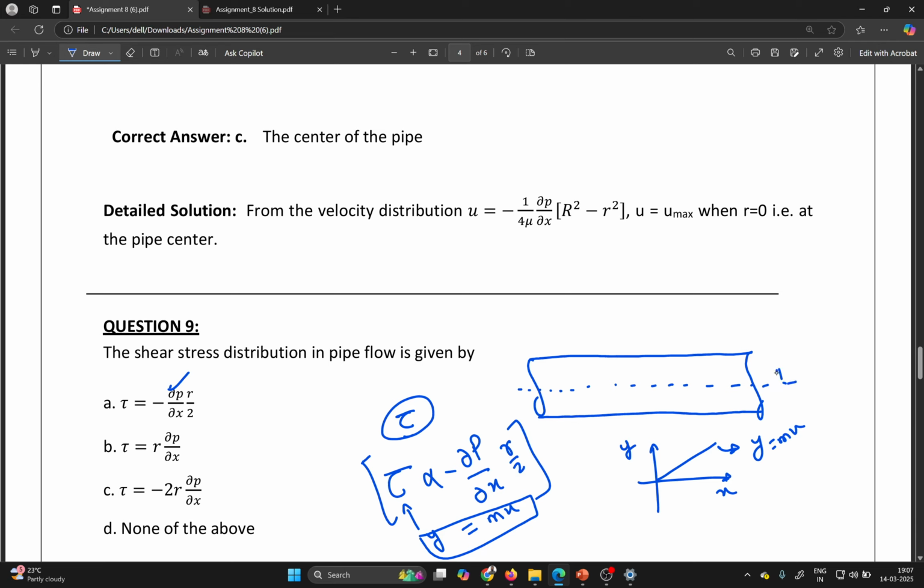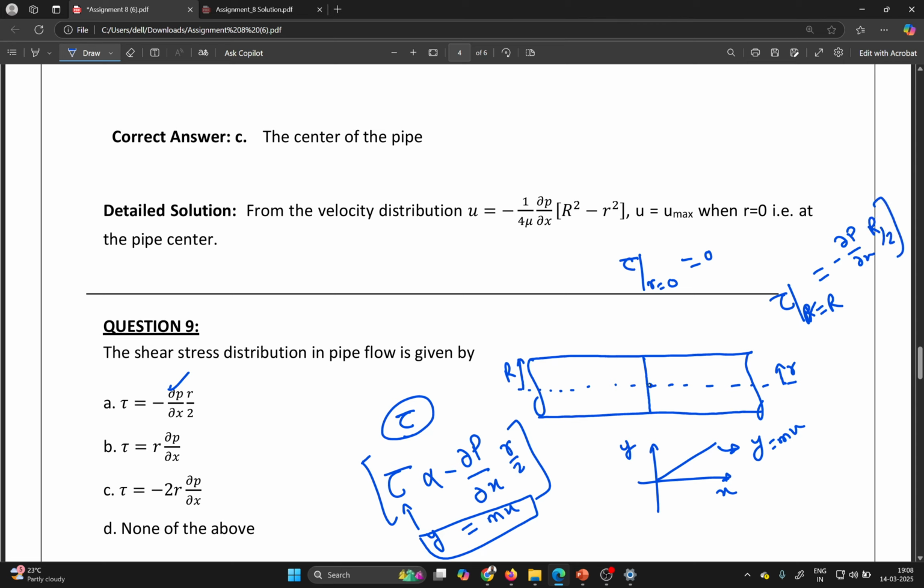If this is r, then at r equal to 0, the value of tau will be 0. So at the center, your shear stress will be 0. At small r equal to capital R, if the total radius is R, the value will be minus del P by del X times R by 2, which is the maximum.